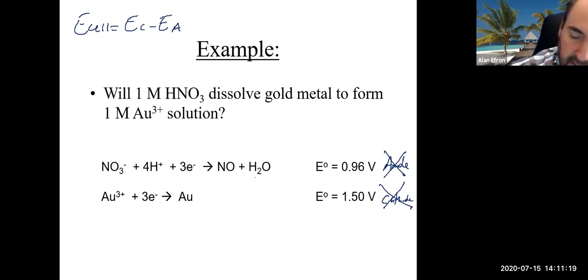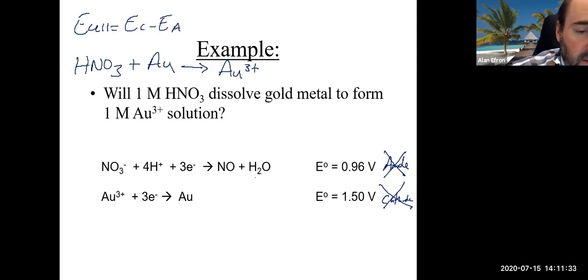Specifically in this question, it says, will nitric acid, which is HNO3, react with gold metal, which is gold with no charge, to form gold with a +3 charge, and so on. That would imply that if we look at these reactions, this is our nitric acid here, and that's on the left-hand side, which is actually where we need it.